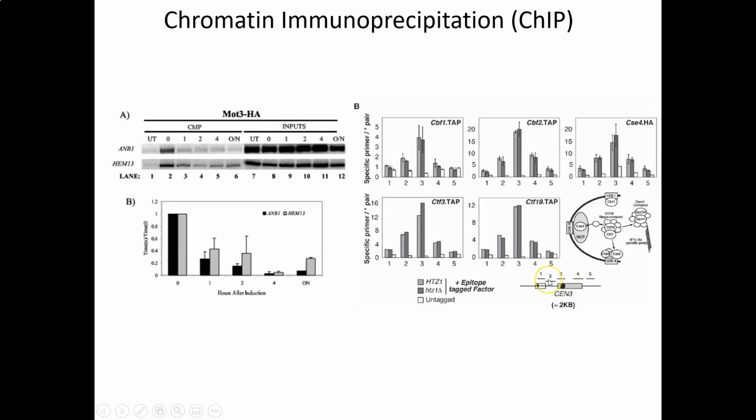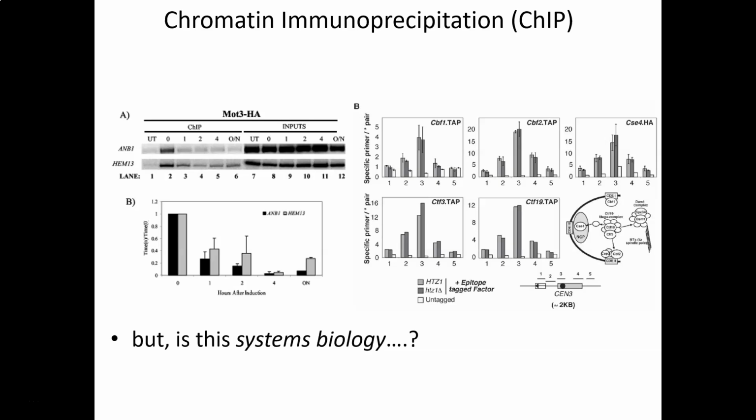And then regions 1 and 2 are upstream of the centromere. Regions 4 and 5 are downstream of the centromere. So we create this sliding window of PCR products, and we can look to see where proteins are bound. And what we see here is that all 5 of these proteins are bound to the centromere specifically, and their signal for binding drops off precipitously as we move away from the centromere in either direction. So we're able to detect protein binding to regions of interest using chromatin immunoprecipitation.